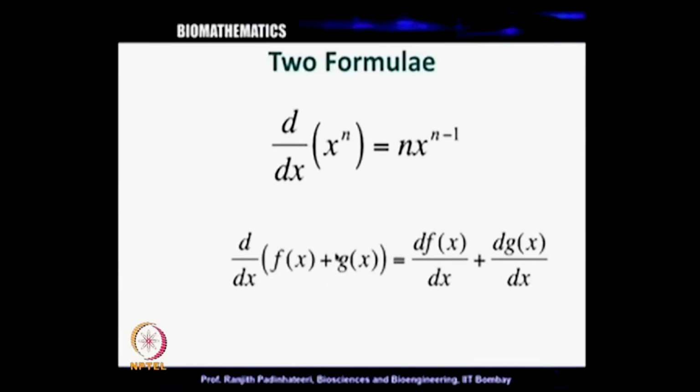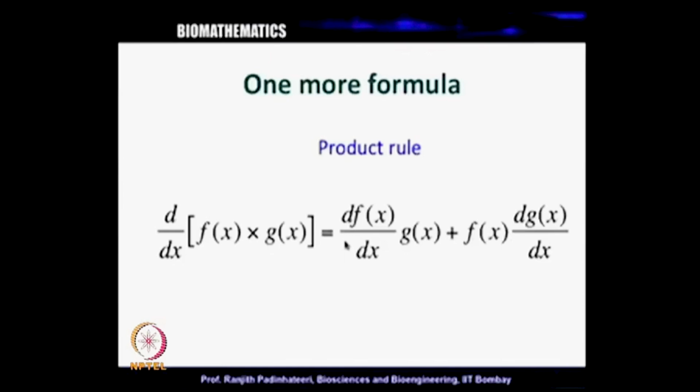So, this is the second formula that we learned, and there is one more important formula that one should learn, so that you can differentiate pretty much any function. This is the third formula that we are going to learn, and it is a very interesting formula. Have a look at the screen. This is called the product rule.